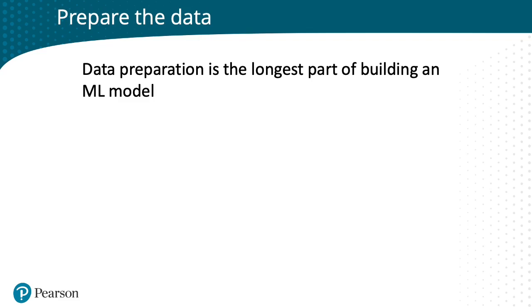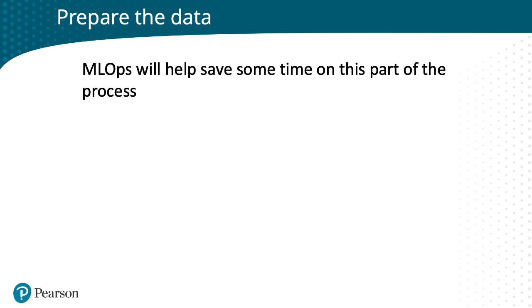This is where you really want to be sure that you're checking for any biases in your data or the way that you're doing feature engineering, because everything that you have at this step will directly impact the rest of your MLOps cycle. And the great part about MLOps is that it will help you save some time on this part of the process, because you can automate a lot of things.